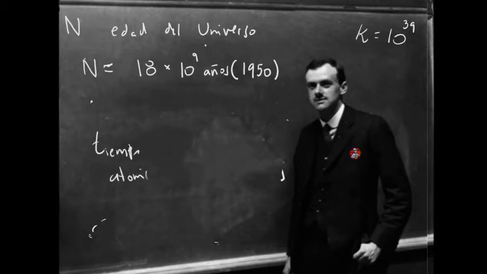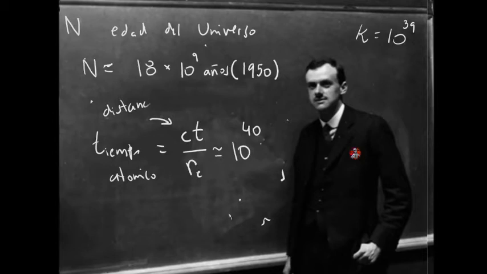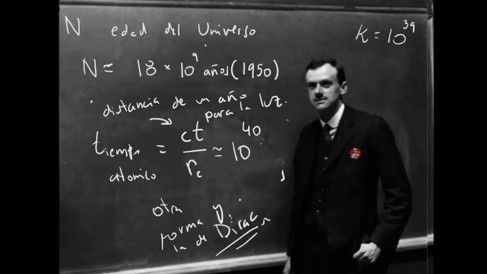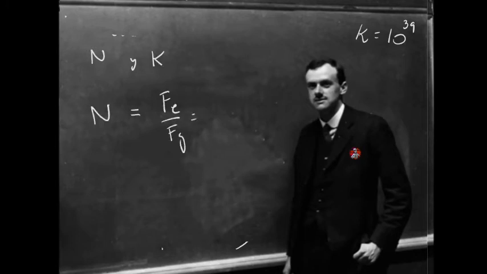Let us assume that these two numbers are connected. Then one of these numbers is not a constant. The age of the universe, of course, gets bigger and bigger as the universe gets older. So the other one must also be increasing in the same proportion. That means that the electric force, compared with the gravitational force, is not a constant, but is increasing proportionally to the age of the universe.